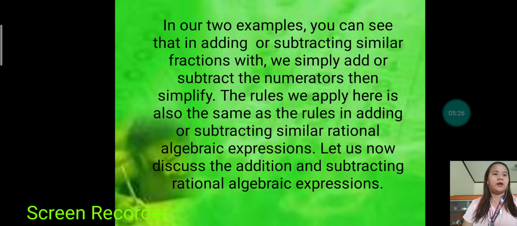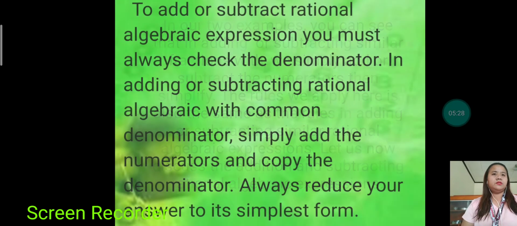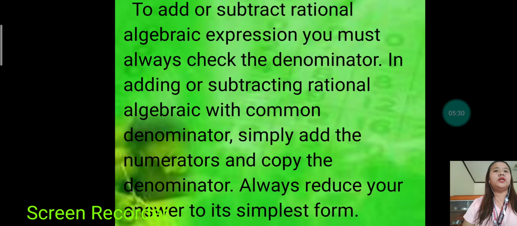Sorry for the typographical error. To add or subtract rational algebraic expressions, you must always check the denominator. In adding or subtracting rational algebraic expressions with a common denominator, simply add the numerators and copy the denominator. Always reduce your answer to its simplest form.